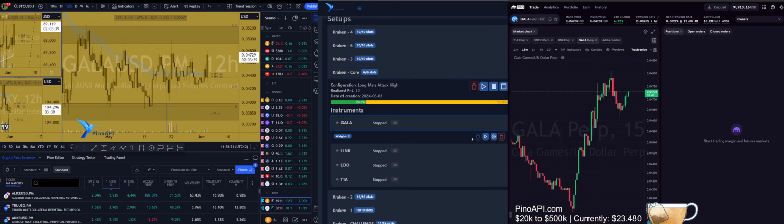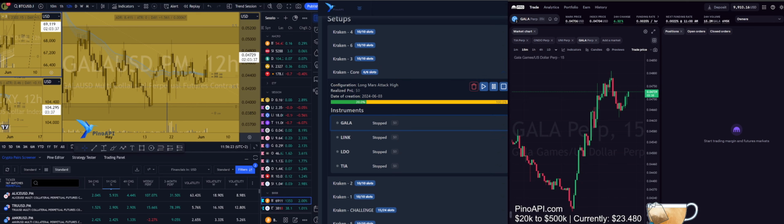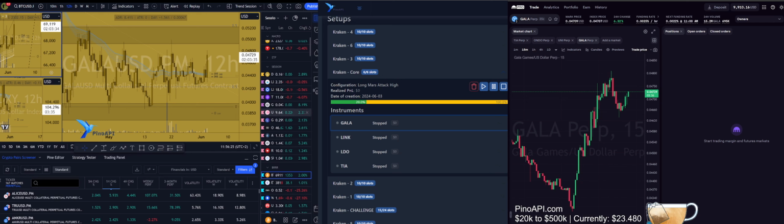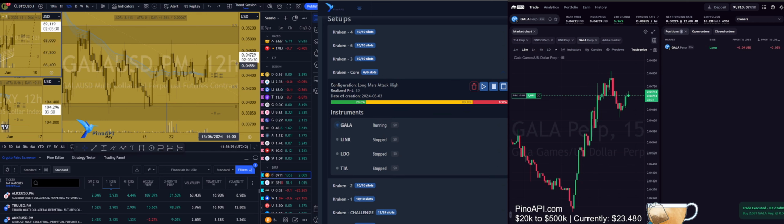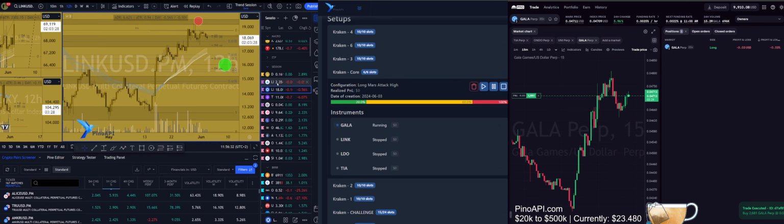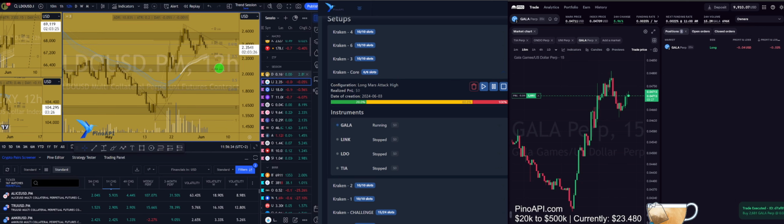So let's see, I think Gala is not too correlated to the structure of Link and LDO. I think they look somewhat similar, so I'm not gonna start them both at once.